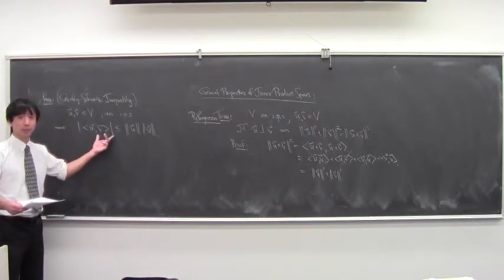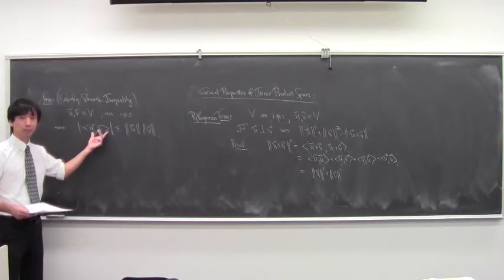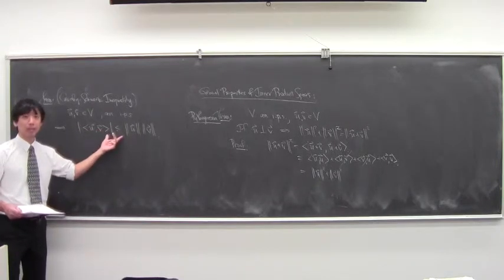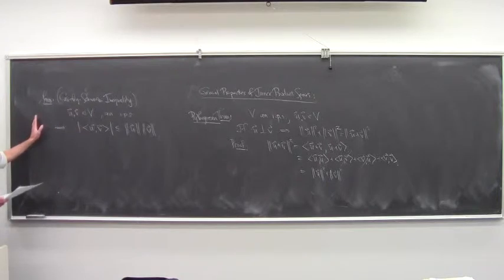So we used the geometric interpretation of the Euclidean dot product. The dot product was the product of the magnitudes times the cosine of the angle between them, and the magnitude of the cosine is less than or equal to 1, so that gives us this. But we don't have that geometric interpretation here.